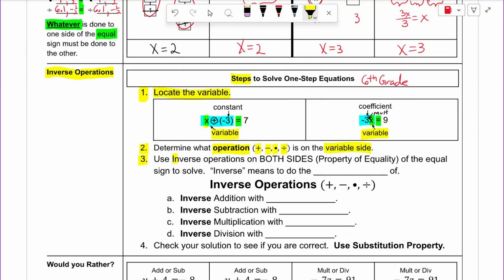Use inverse operations on both sides, the property of equality, what we learned in the beginning, of the equal sign to solve. Inverse means to do the opposite of. Kind of like the reverse.